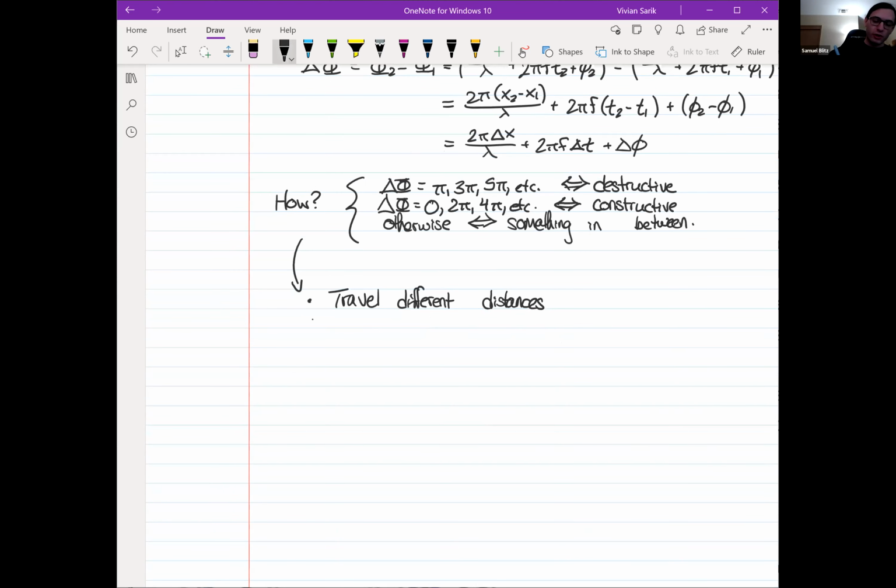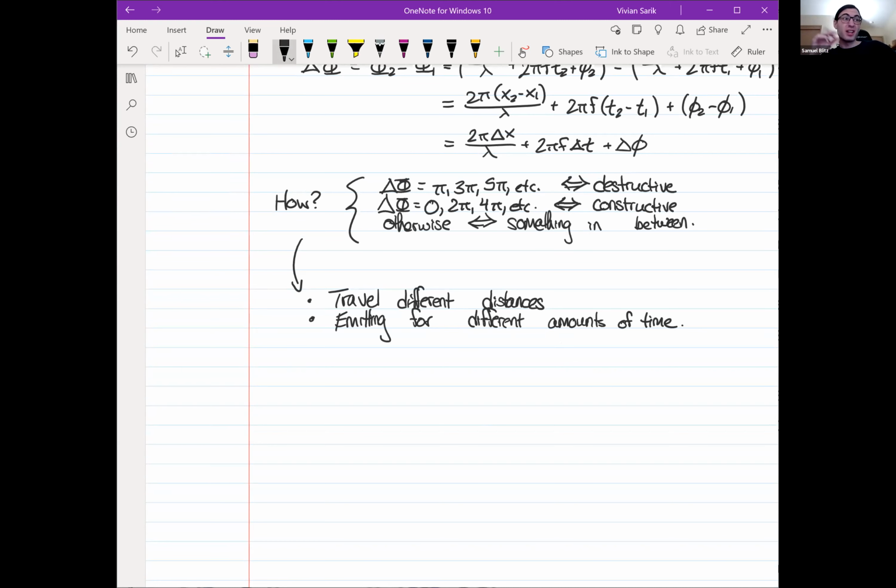Likewise, they could travel for different durations, meaning that they've been on for different amounts of time. Actually, let me write that a different way. Let me just put emitting for different amounts of time. And the reason I'm writing it this way, by the way, is because the amount of time that it takes to get from point A to point B doesn't matter in the phase.